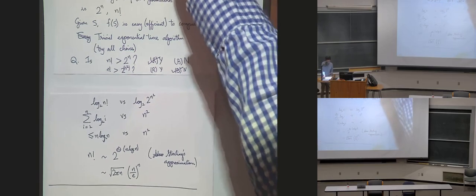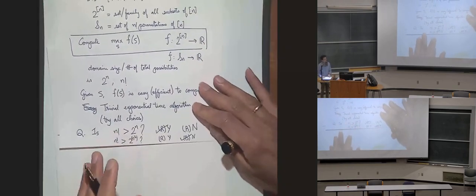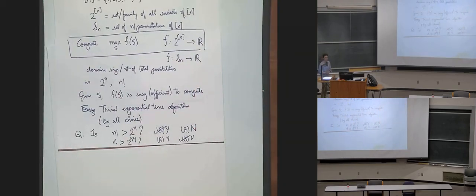Why all of this stuff? A lot of discrete optimization problems are about ordering or maximizing over sets. And this, in general, is exponential.